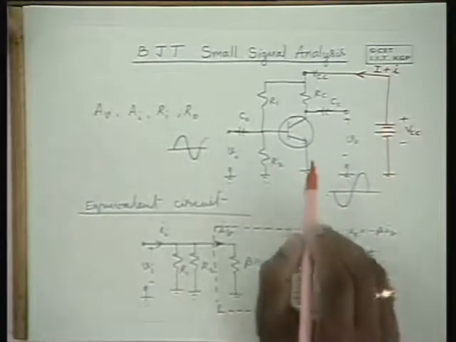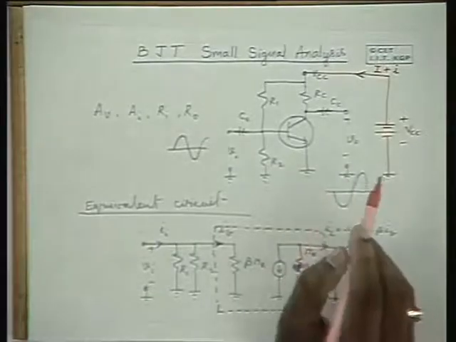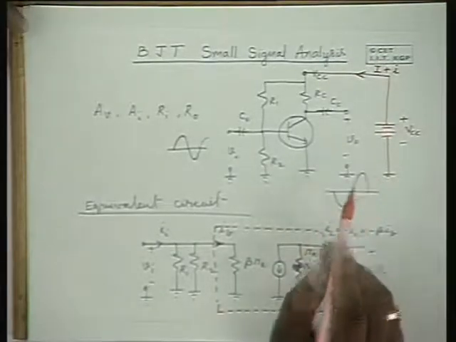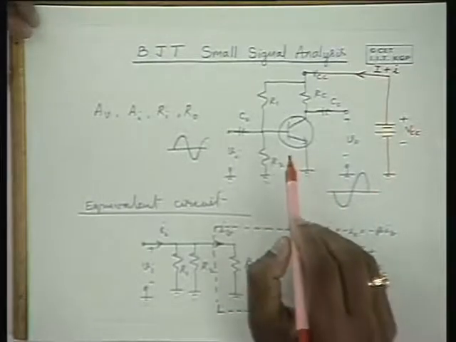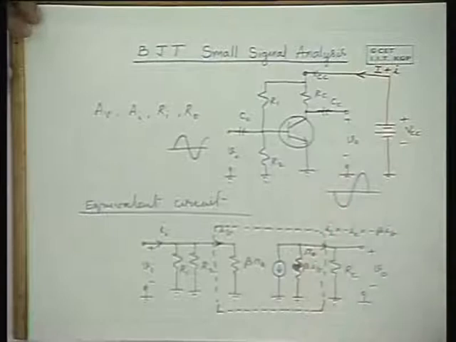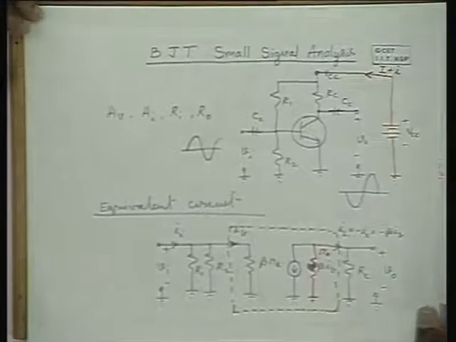Now, when you use a self bias circuit, what are the voltage gain, the current gain, the input impedance and the output impedance you get? That is of interest to us. Therefore, let us now analyze an amplifier with self bias circuit.